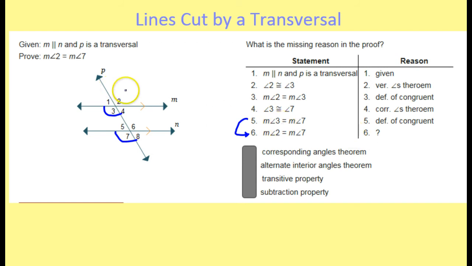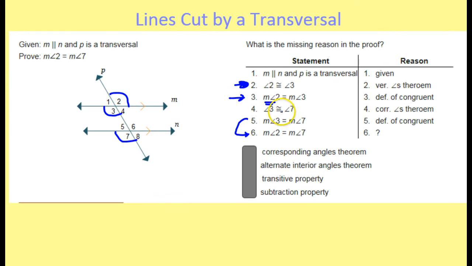So when did they mention angle 2? In step 3, they mentioned that the measure of angle 2 equals the measure of angle 3.